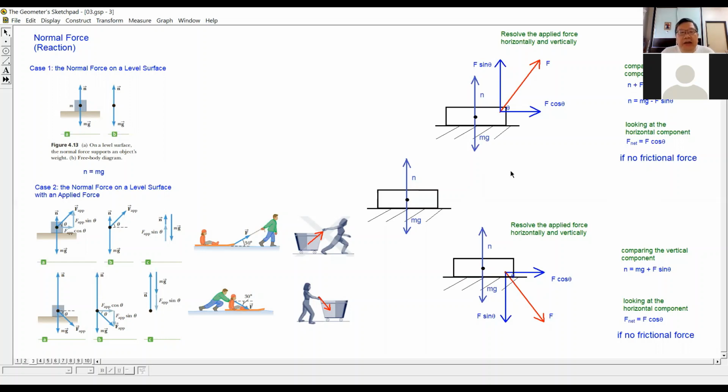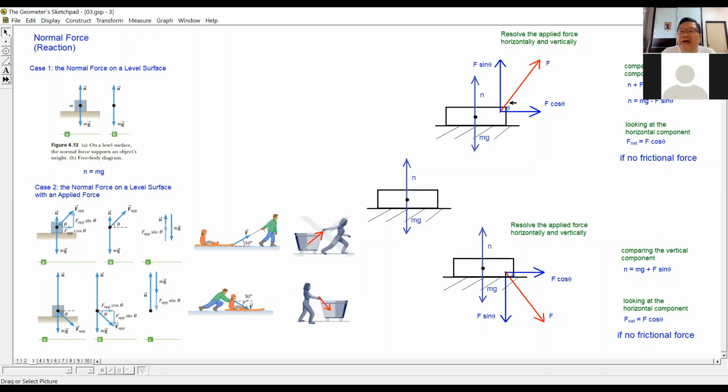Now, the second case is a bit different because we are pulling or pushing the object. When we are pulling or pushing the object, the normal reaction will change. If you are pushing and forcing the object downwards, the normal reaction will be greater, because it not only has to support the weight of the object, but also has to oppose the pushing force downward.